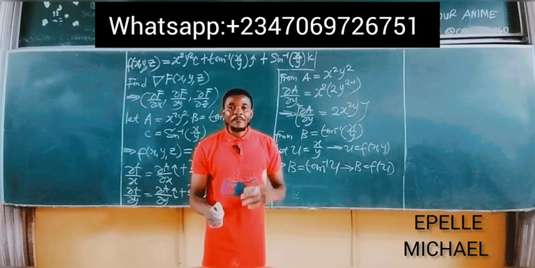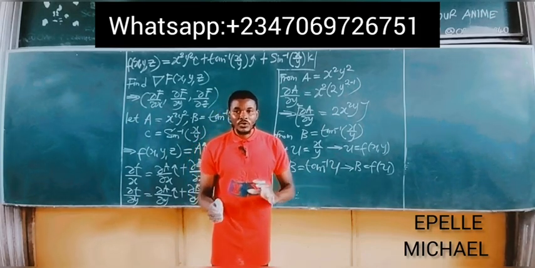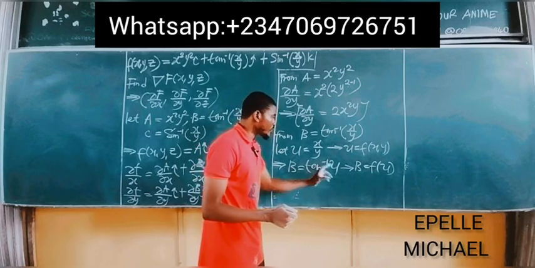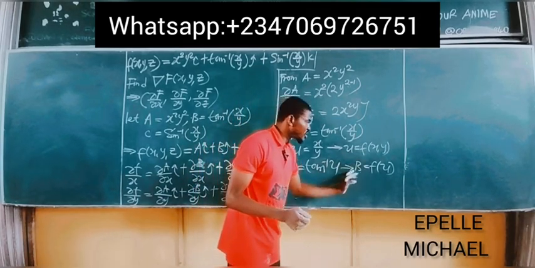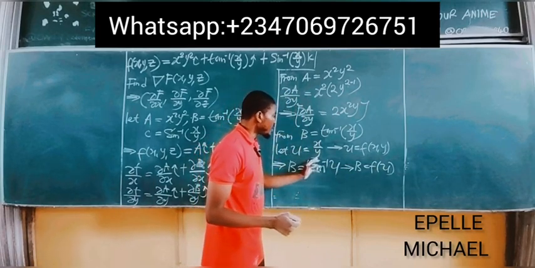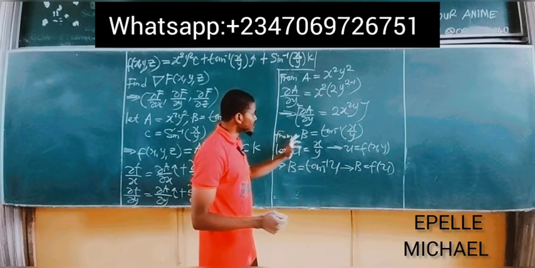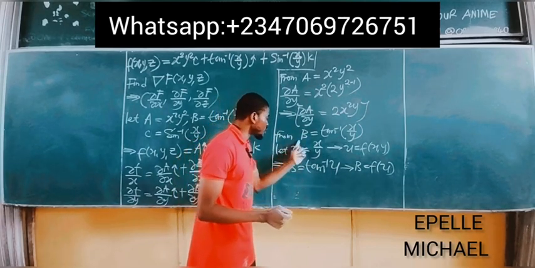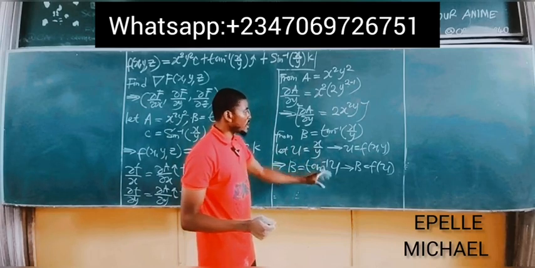Please keep that in mind. That's the only rule we can use to differentiate function of a function. Okay, so like I said, b now is a function of u, which means I can only differentiate b with respect to u. Also, u is a function of x and y, but now I want to differentiate b with respect to y. So which means I can also differentiate only u with respect to what? Y. Okay.